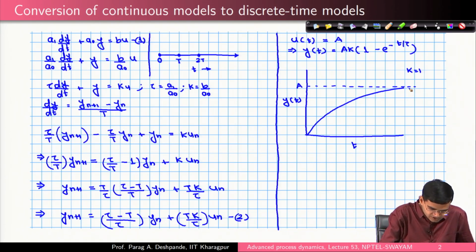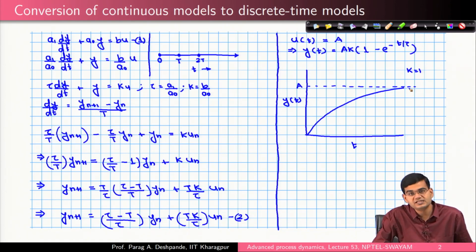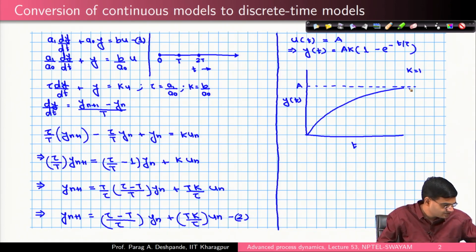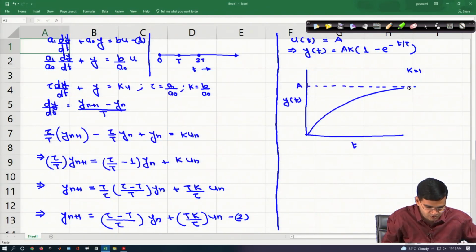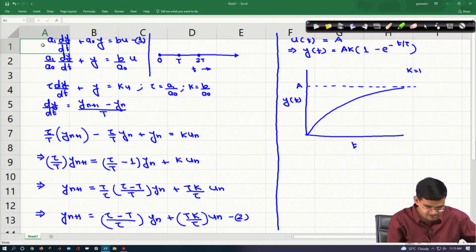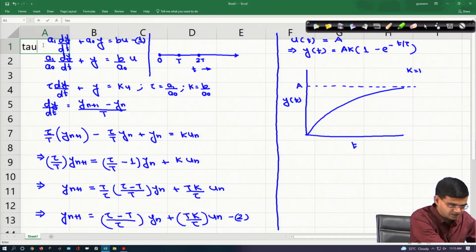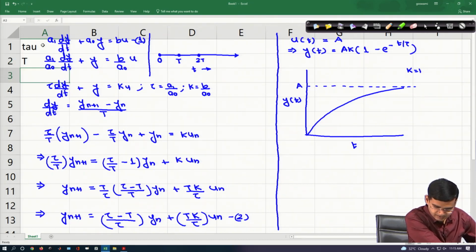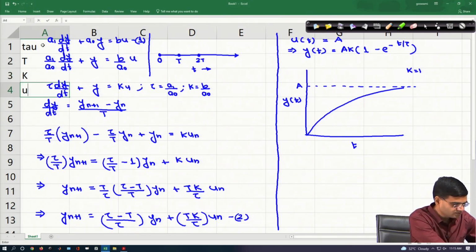Can we look into this equation, equation number 2, and see if we get a similar solution? So, let us try to do this. My equation here is, so the parameters associated with my system are tau, then capital T, capital K the gain, and u.